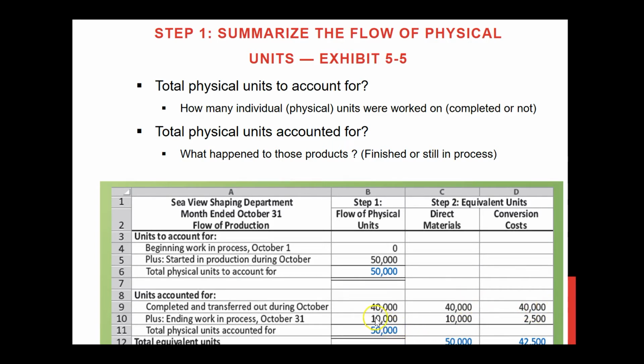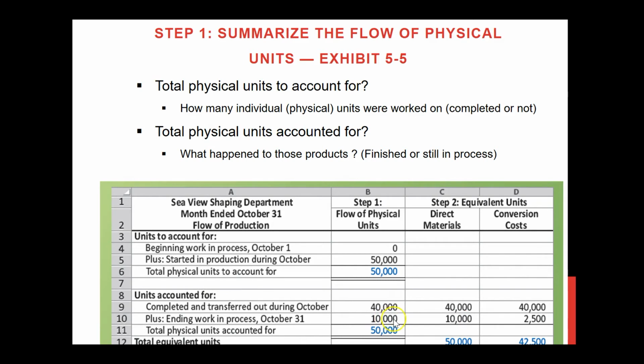Now how about these 10,000 units, which are still under production, and we call it work in process? The assumption in this example is that all the direct materials are added at the beginning of production. That means when they started these 10,000 units, they added all the direct materials.